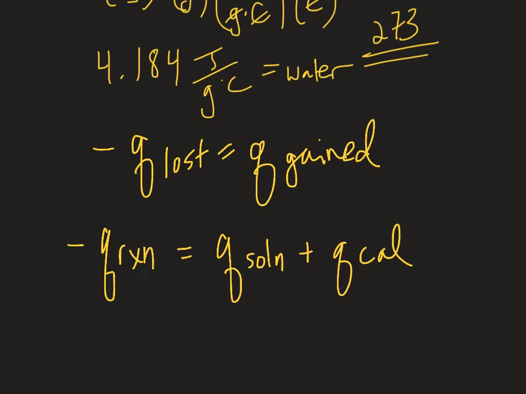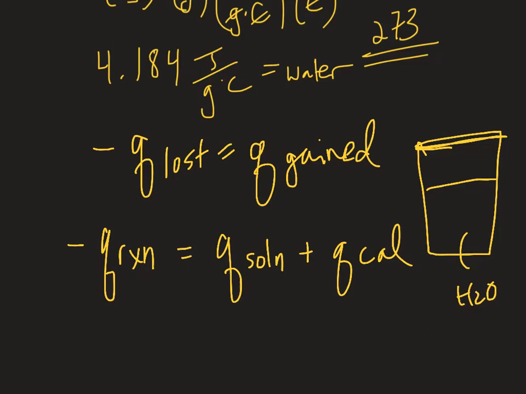Now, what this means is, and I'm going to use an exothermic reaction to explain this, if a particular reaction releases heat, and we're talking about our coffee cup calorimeter here. So let's say you just have some water, H2O, and you add some powder and you stir. And let's say this is an exothermic reaction.